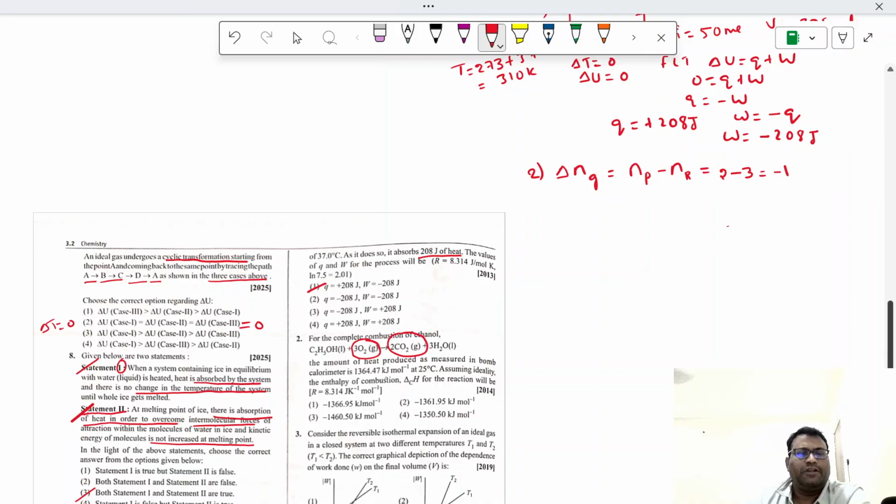Okay, the amount of heat produced is measured in a bomb calorimeter. So this is like a bomb calorimeter.